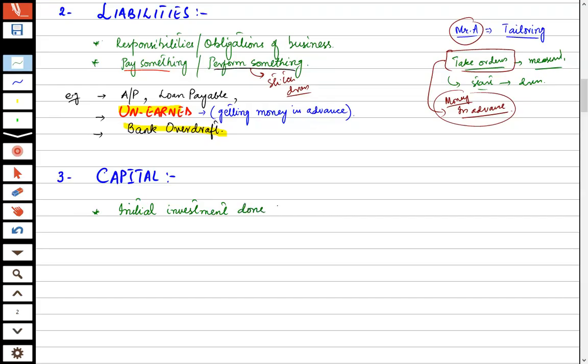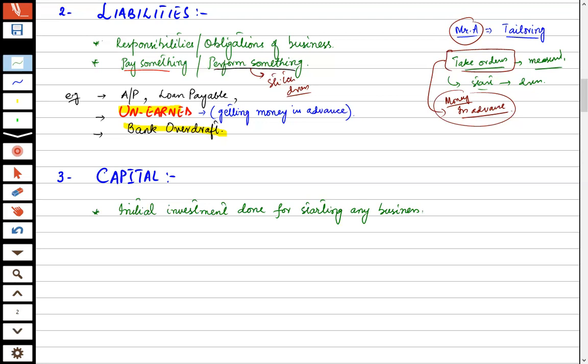Initial investment done for starting any business. Let's suppose any of your friends, or any friend of mine, says that they are thinking to start a business.